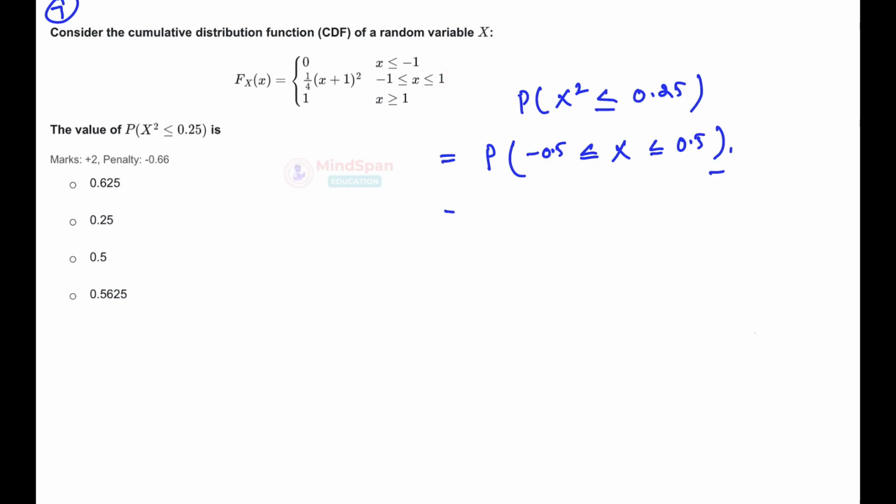So we know from the properties of the CDF, the happening of this event is equivalent to saying, in terms of the cumulative probability, that it will be the CDF of this random variable x calculated at 0.5 minus the CDF of this random variable x calculated at minus 0.5.